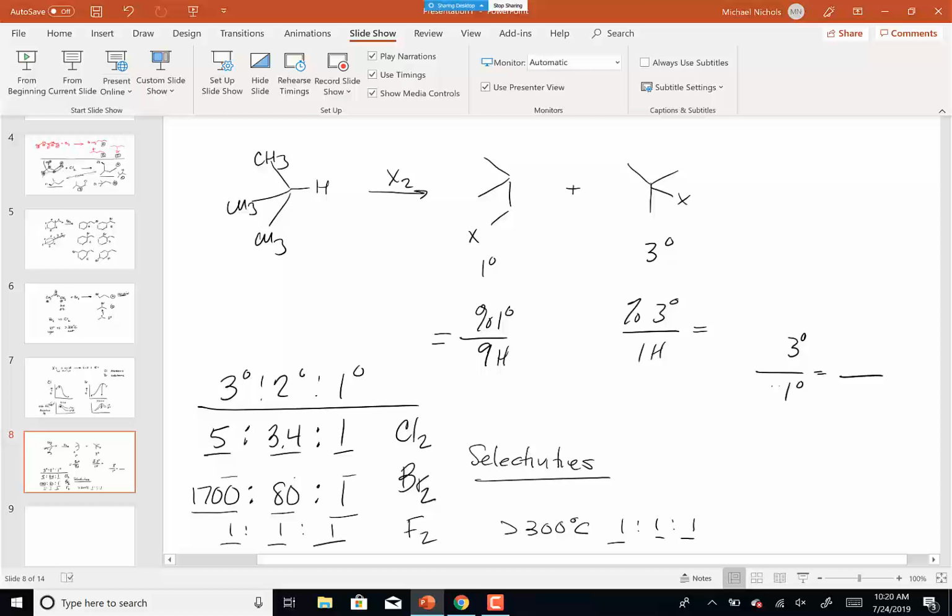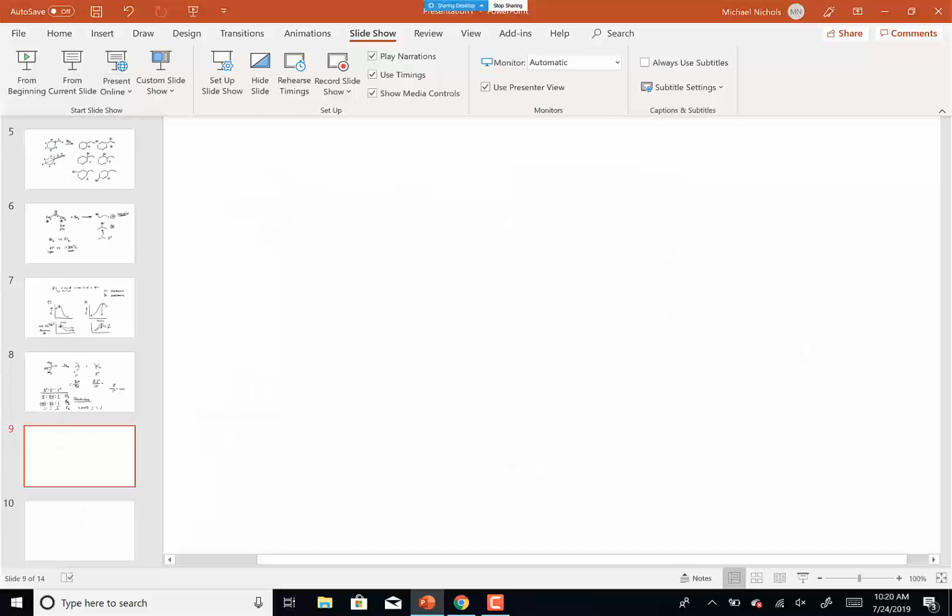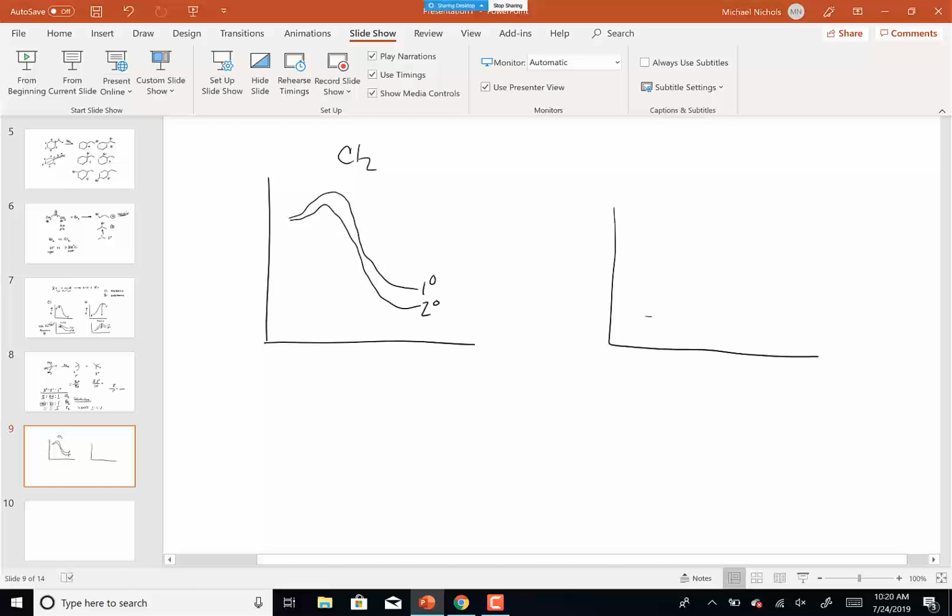And why is that? I'm going to try and draw a better diagram here. So here are our two diagrams forming a primary and a secondary for chlorination, and here is the diagram for forming primary and secondary for bromination. And here is the key.